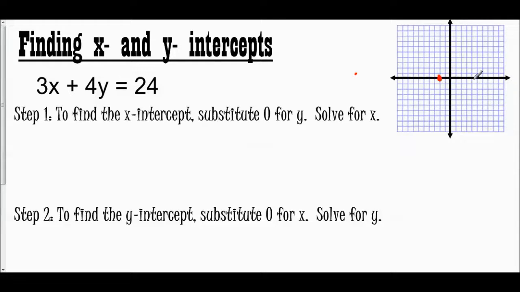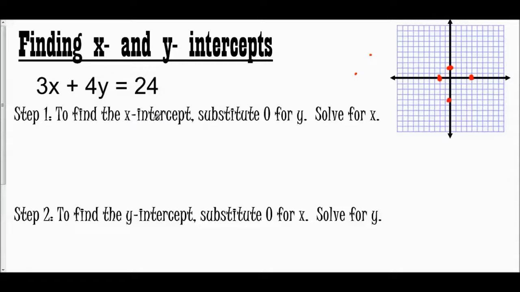Or if I had one right here, that would be +4, 0. The x-intercepts always have a y value of 0. And then kind of the opposite, y-intercepts are always going to have an x value of 0. So like here would be 0, 2. Here would be 0, -4. So keep that in mind.